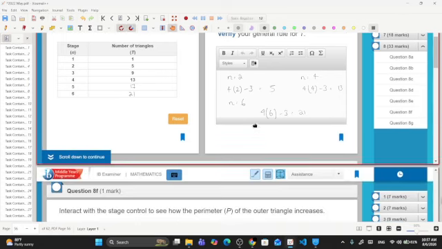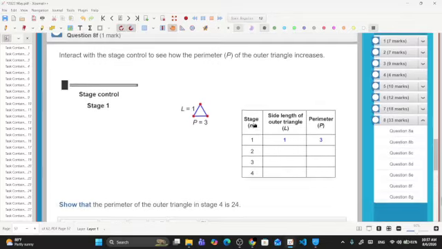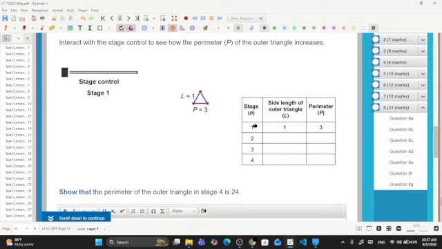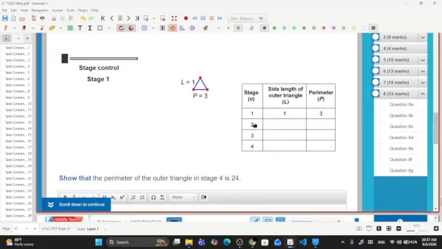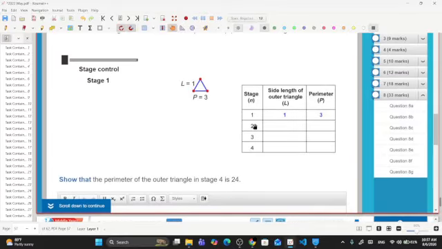So the next part says interact with the stage control to see how the perimeter of the outer triangle increases. So show that the perimeter of the outer triangle in stage 4 is going to be 24. So we know that at the stage 4, the outer triangle has a side length of L equals 8 units, right?